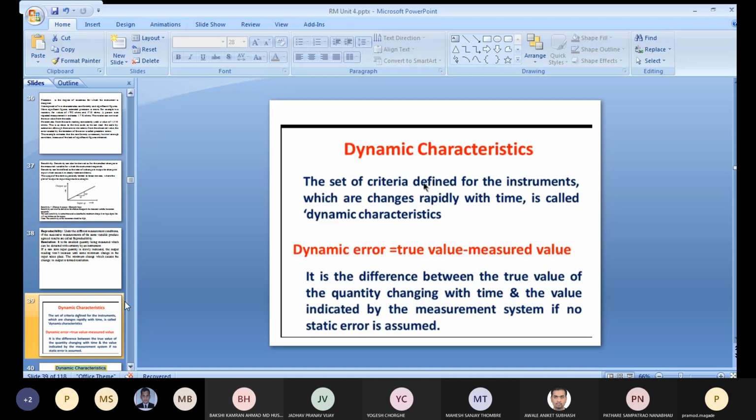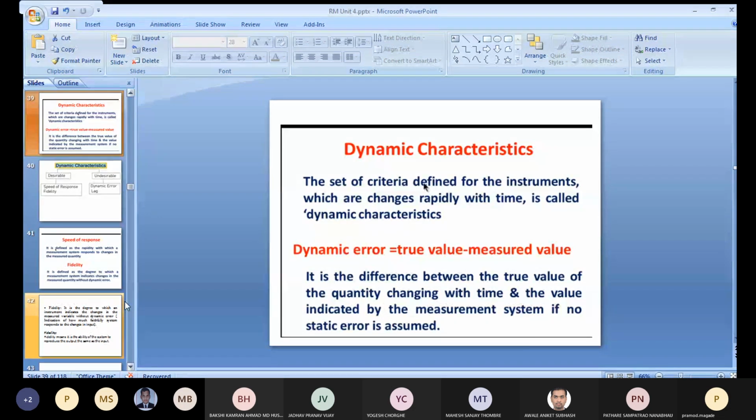So in that we are going to see the various parameters in dynamic characteristics. Suppose speed, any speed of the component, it can change suddenly. Correct. So that will be a dynamic characteristic, because with respect to time it is changing. Then again we can put the example of fidelity.